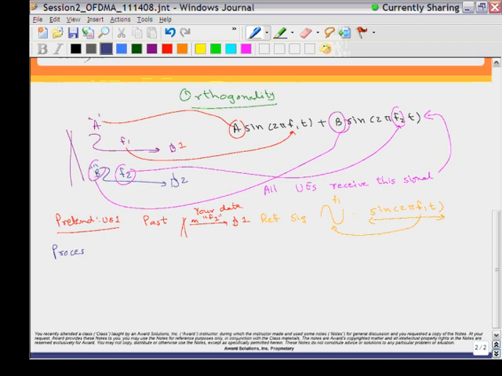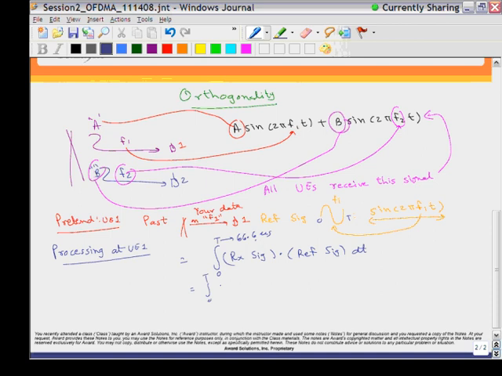This is how we will process the signal: whatever received signal we get, we multiply by our reference signal, and then integrate over the time period, 0 to T, which is 66 microseconds in LTE.